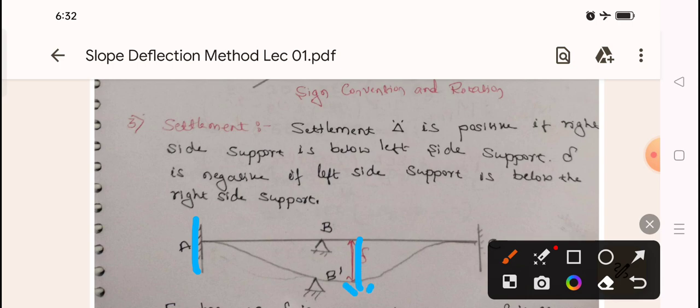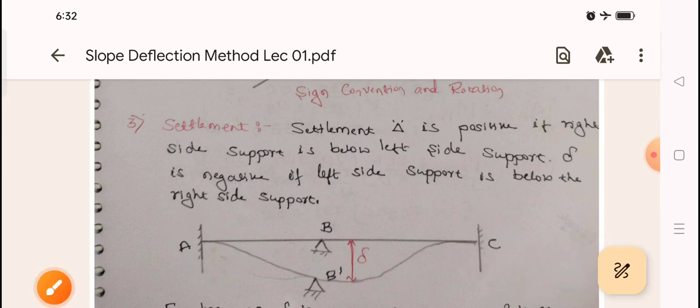This is the left support. Delta is taken as negative if the left side support is below the right side support. For this case delta value will be negative, for this case delta value will be positive. Getting it?